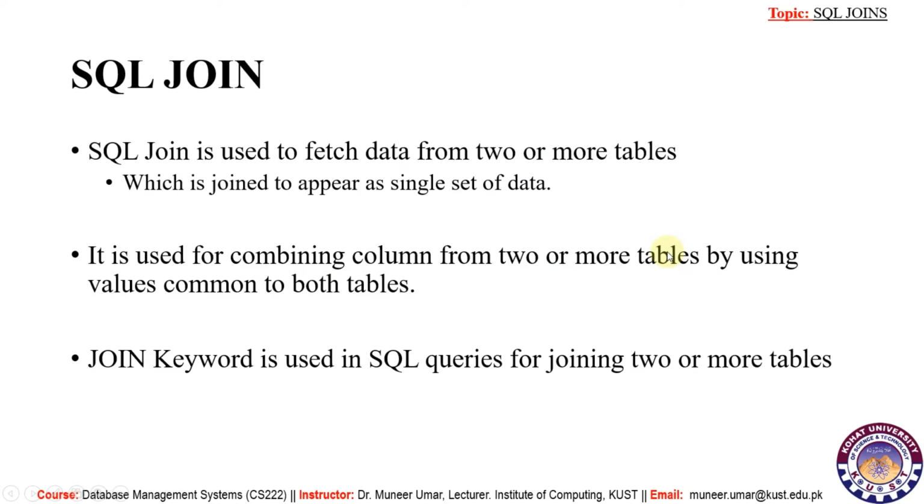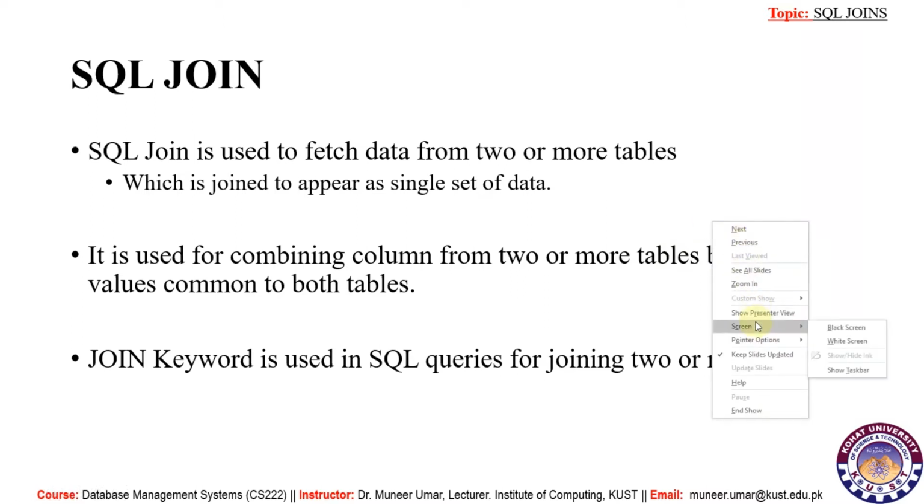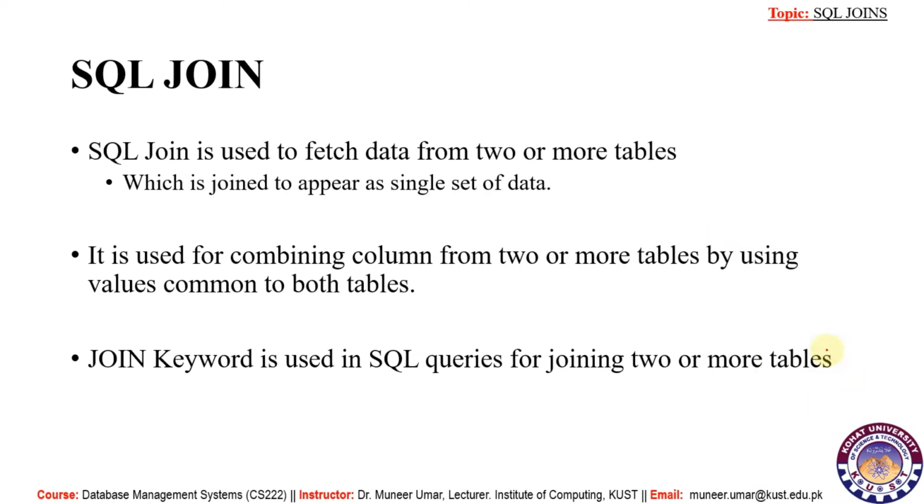Now let's start our main topic, SQL Join. SQL Join is used to fetch data from two or more tables. When we fetch data from such tables, those tables will have some association or some common values with each other, and the resultant data will appear as a single set of data for that operation.